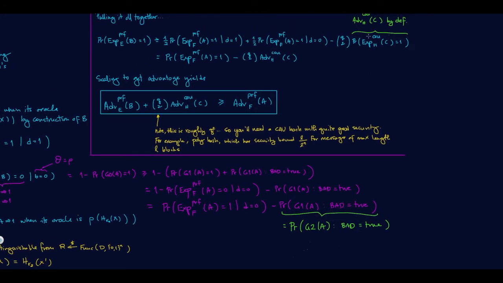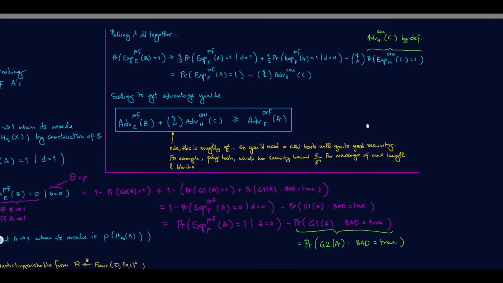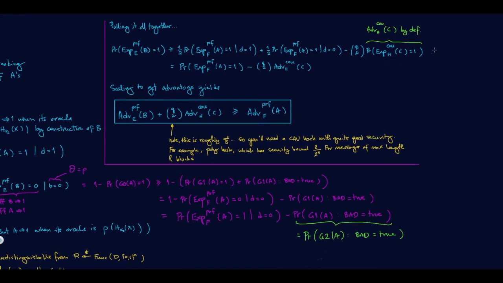So we substitute that piece in here. That's what we just argued. And the definition of the CAU advantage is just this probability. There's no scaling. So by substitution, we end up at this step. But look, half times this plus half times this, that's just the probability that A wins its game. So we can replace all of that with this, and we pull this down here.